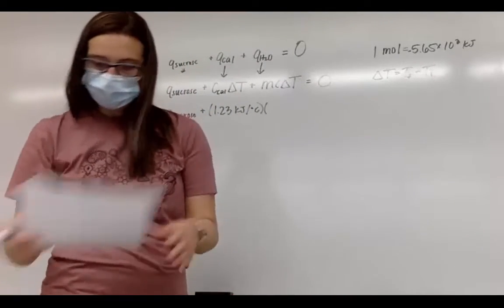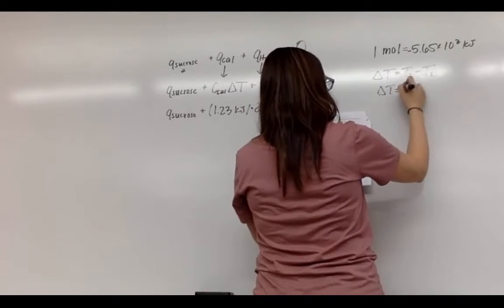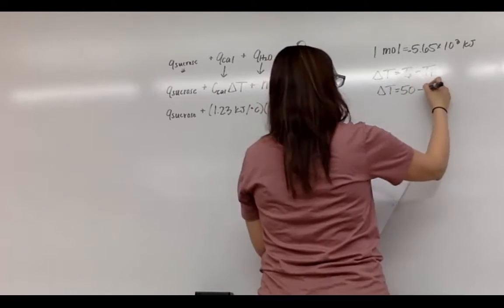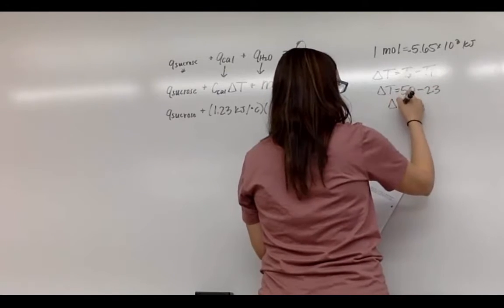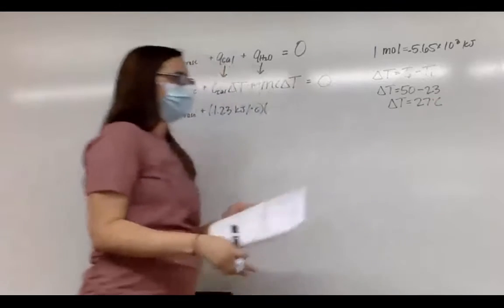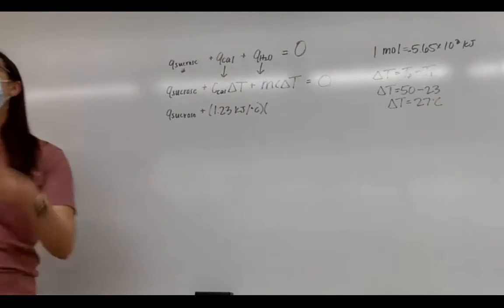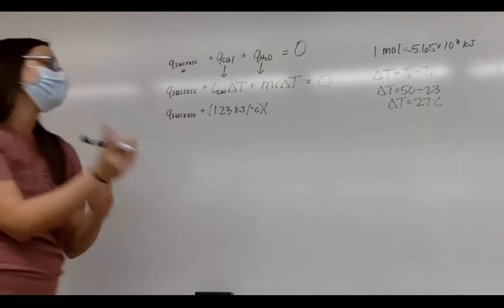And so the final temperature, it says, was 50 degrees. The initial was 23. So delta T is 27 degrees Celsius. Delta T is the same for the calorimeter and for the water because everything is inside the calorimeter.